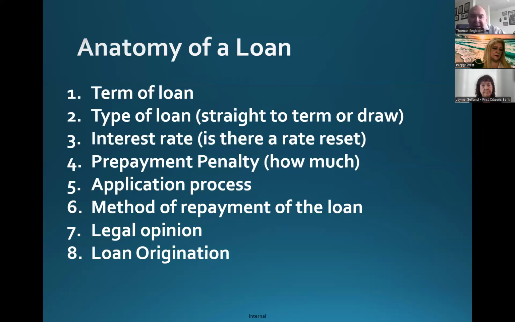So 50 basis points of $1 million is $5,000. And that's money to get a lower rate of interest for an association. So you have to look at all this application process.